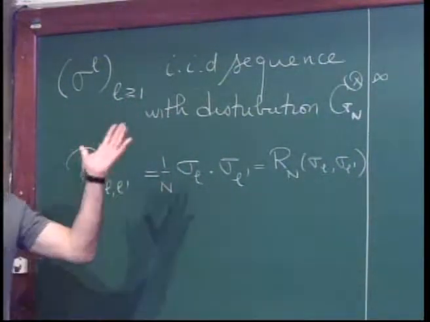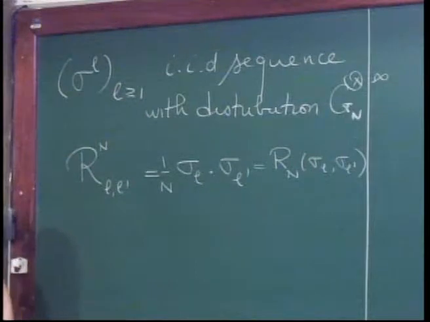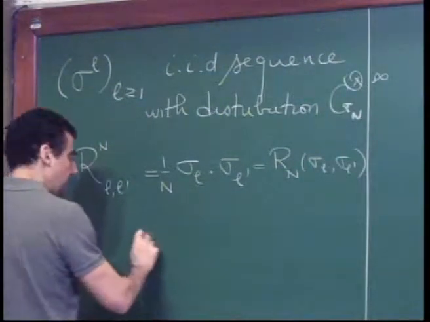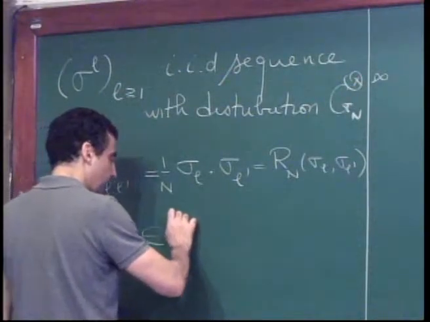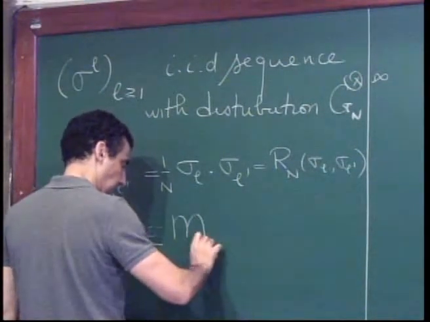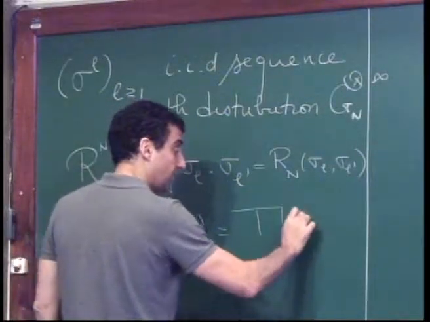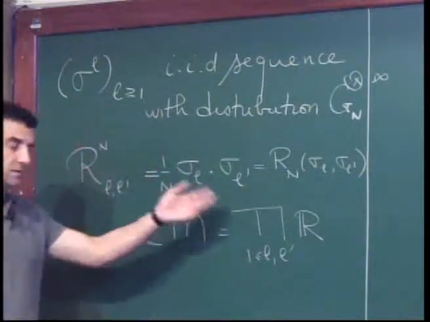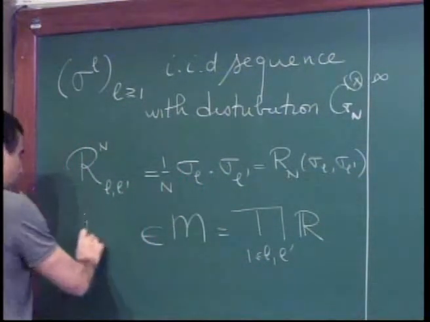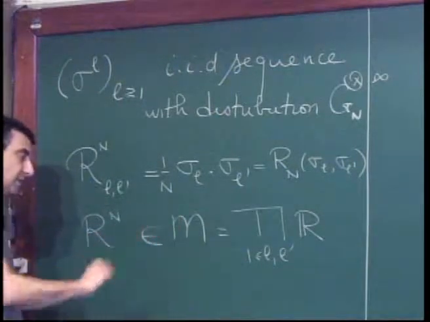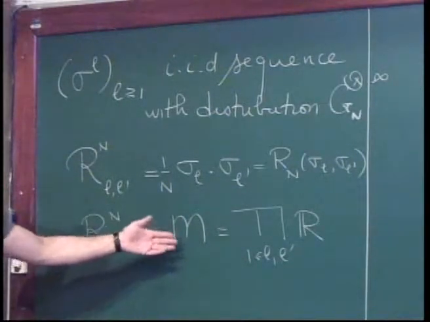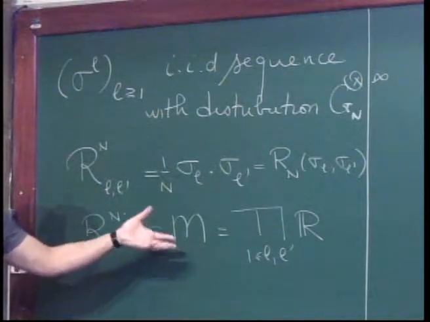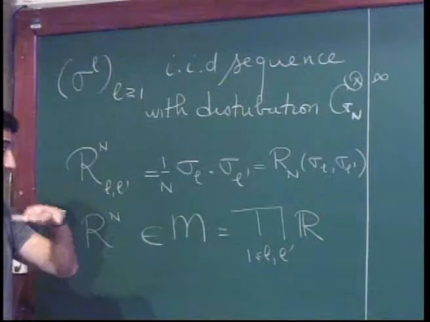So you take the infinite matrix of overlaps of all these points. So you see that this is in a space that I think I call M, which is simply, look at it as the product of R over all possible pairs. So this whole matrix R_n belongs in that. You can equip this thing with many different topologies, and that's not an innocent choice, but here we do something as simple as possible.